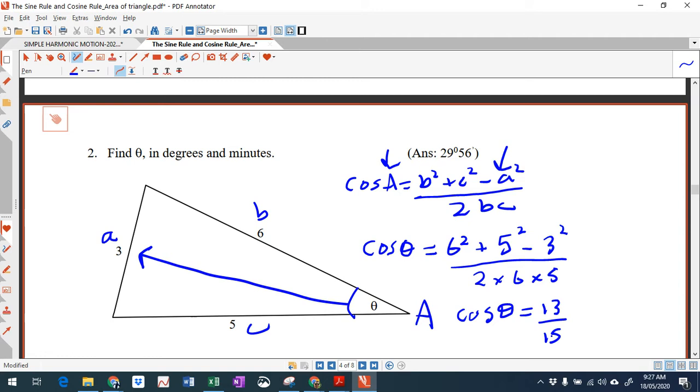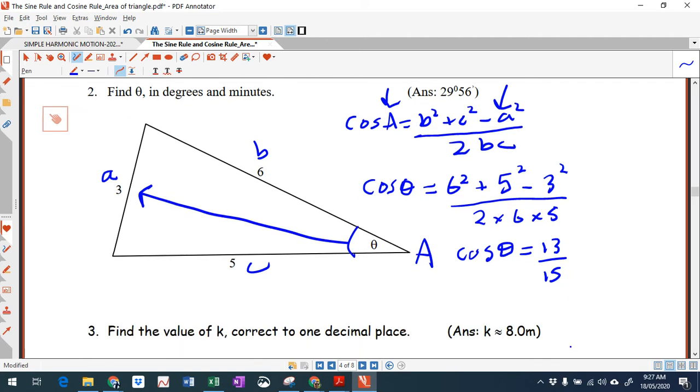And then what you're going to do to work out the angle is you're going to say, well, theta must be the inverse cosine of 13 on 15. So you're going to go shift cos, which gives you the inverse cos, 13 over 15, close bracket, equals. Now you're going to get degrees and minutes there.